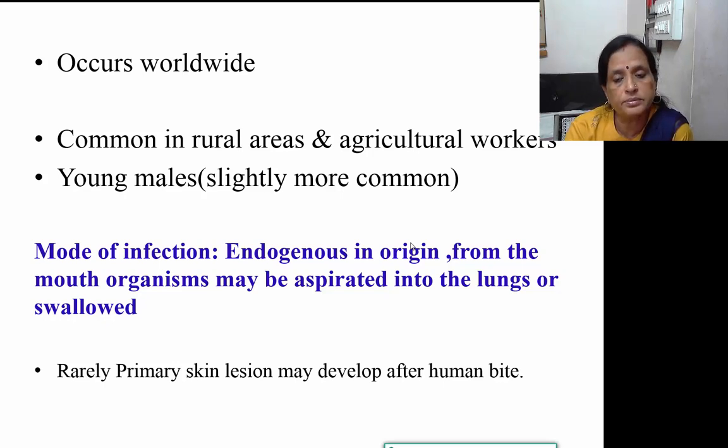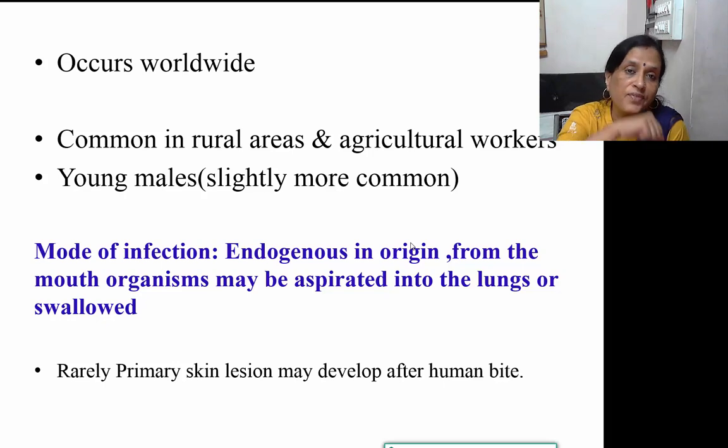That is, from the mouth, the organisms are aspirated. They may be aspirated into the lungs or they can be swallowed. But I've seen rare case reports where the primary lesion has developed after human bite.